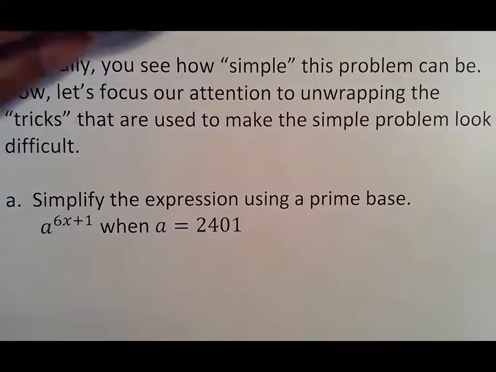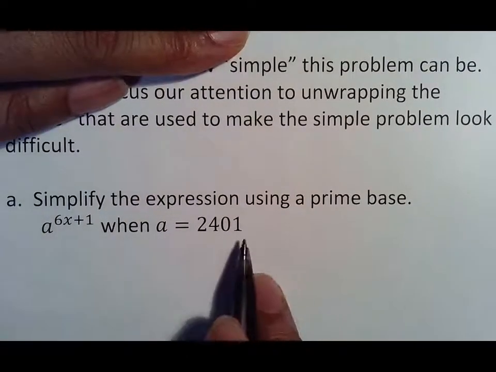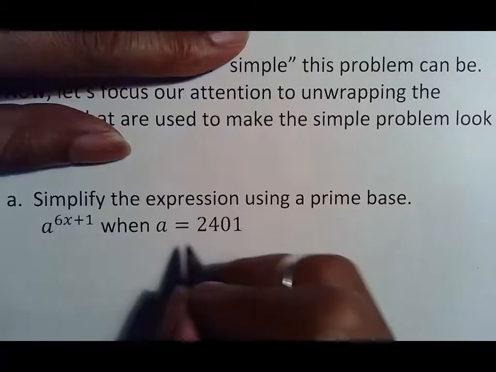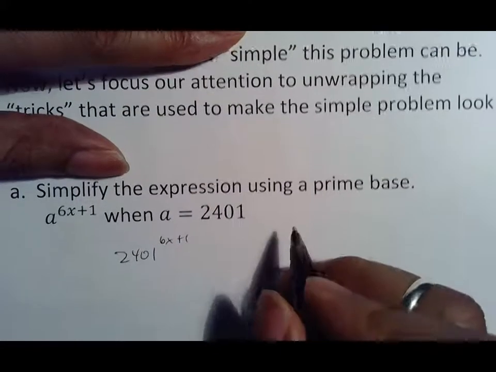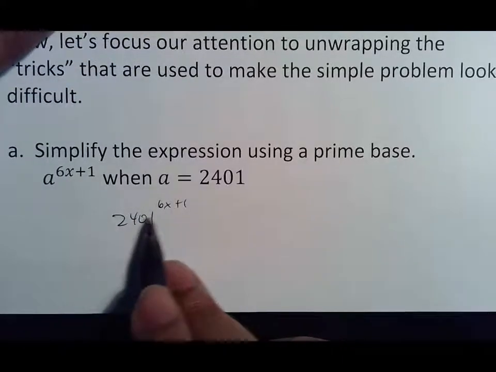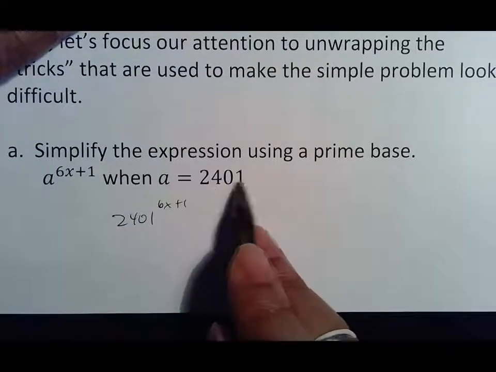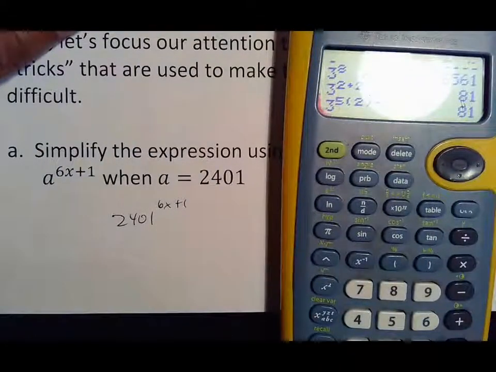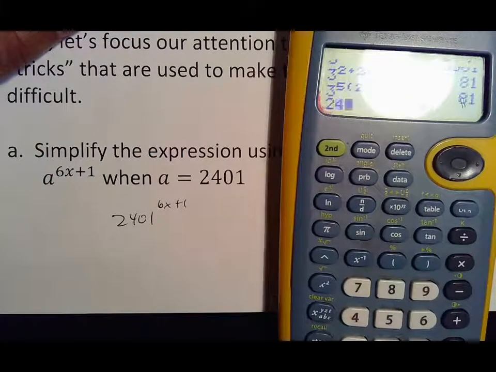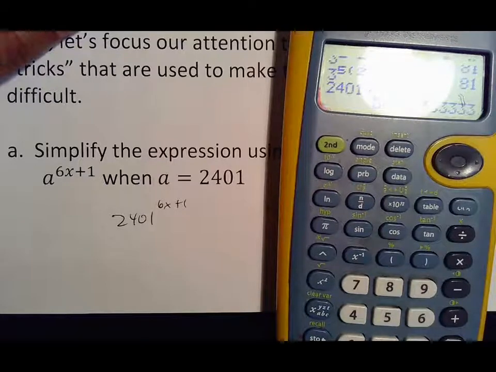So what we're going to do is simplify this using a prime base. So if I had 2401 to the 6x plus 1, and I want a prime base, I need to find a number that goes into 2401. Well, obviously 2 doesn't. It needs to be a prime base. So 2401 can't be divided by 2. What about 3?